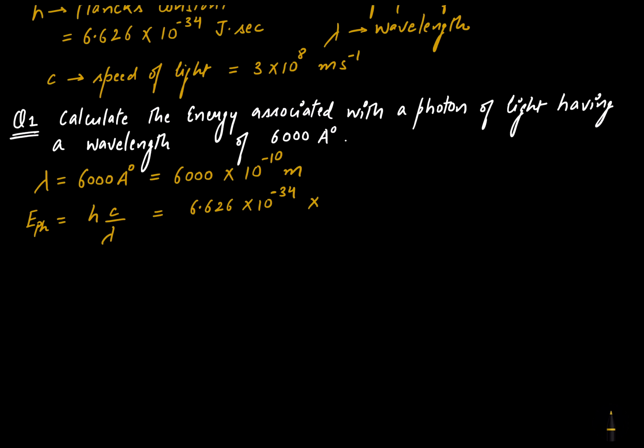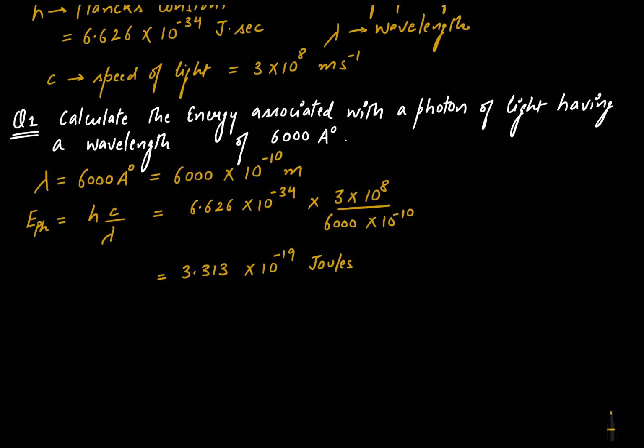The value of c is 3 into 10 to the power 8, divided by the wavelength given, 6000 into 10 to the power minus 10 meters. So the energy of the photon here comes out to be 3.313 into 10 to the power minus 19 joules.